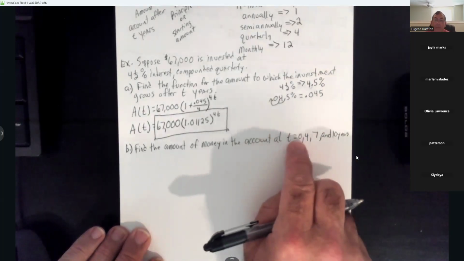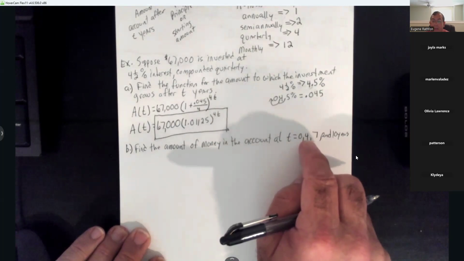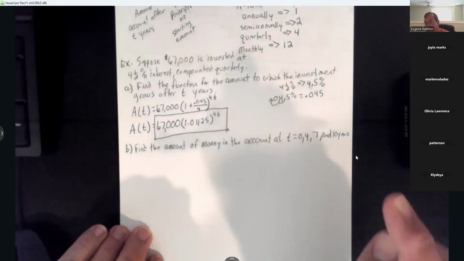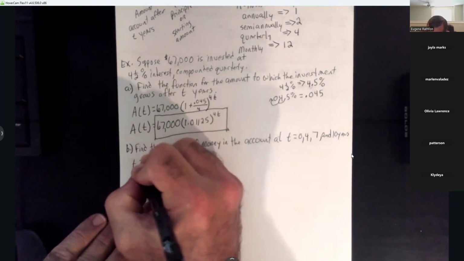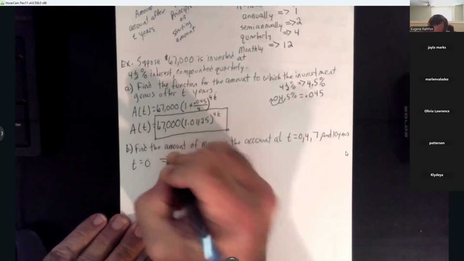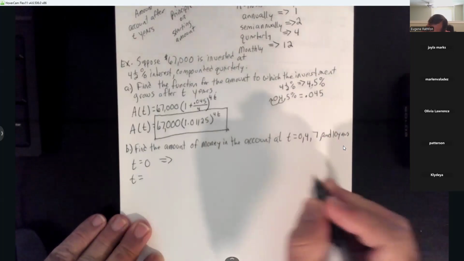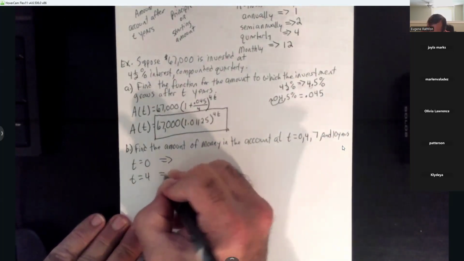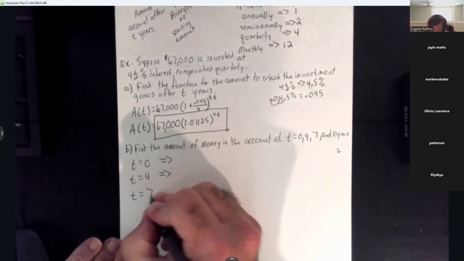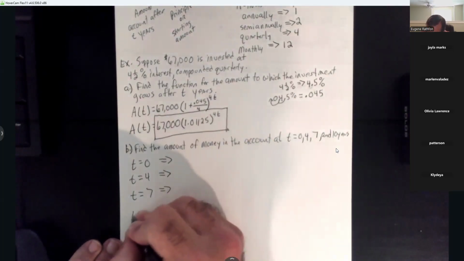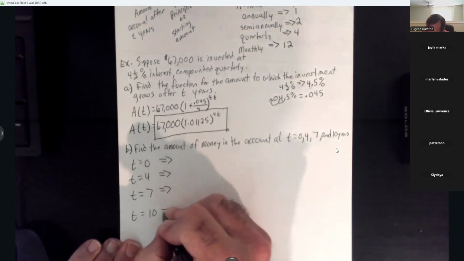Okay, so put a 0 in for t, see what you get. Put a 4 in for t, see what you get, and so on. So t equals 0, I'll have so much. t equals 4, I'll have so much. t equals 7, and then t equals 10.